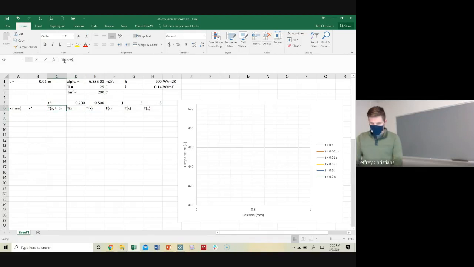So this would be T of x star, and t star equals 0. And we'll call it T of x star. So I'll keep most things non-dimensional, but I'll leave the temperature as the actual temperature.